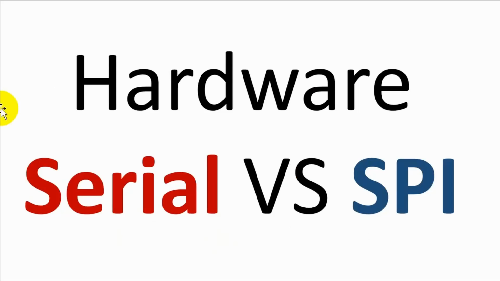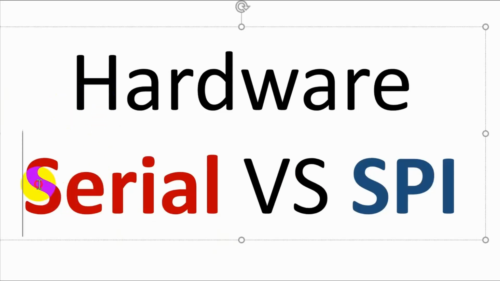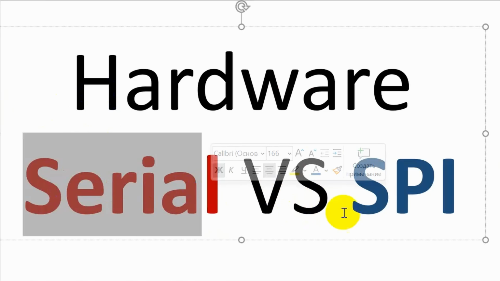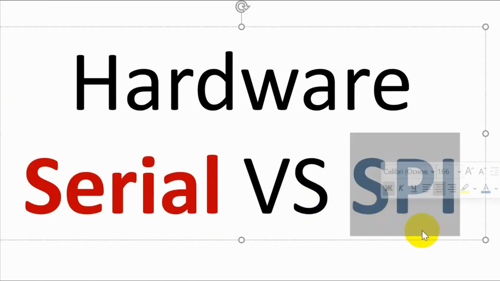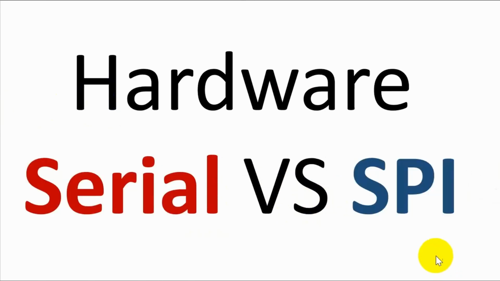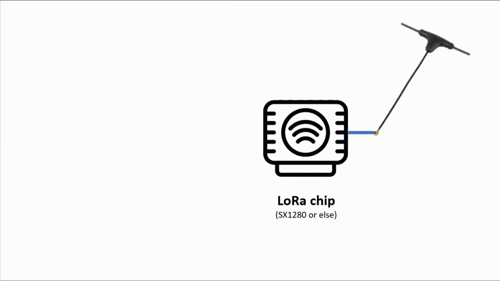Time to speak about the hardware and the difference between serial and SPI ExpressLRS. So what will we start with? We will start with something that is equal for any type of ELRS: an antenna, surprise, and a LoRa chip.